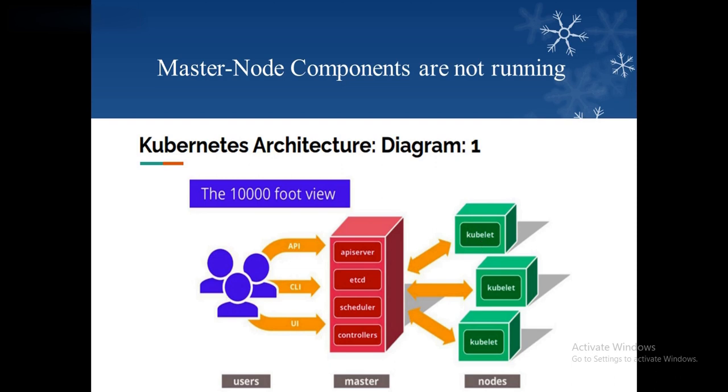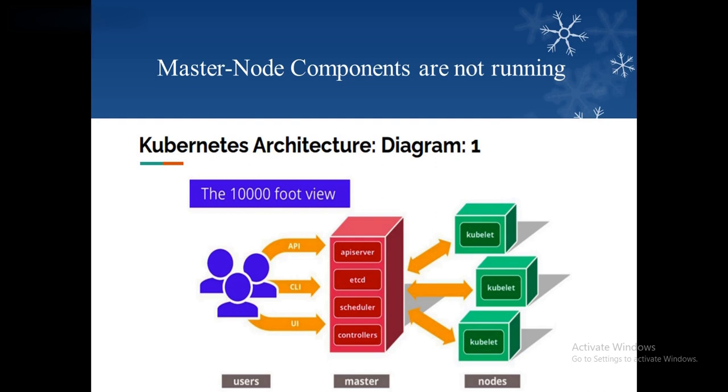The kubelet can also create pods. These pods are known as static pods, and they are managed and controlled by the kubelet only. There is no control of the master node on these pods. The master components like API server, etcd, scheduler, and controller are also running as static pods, controlled by the kubelet only.